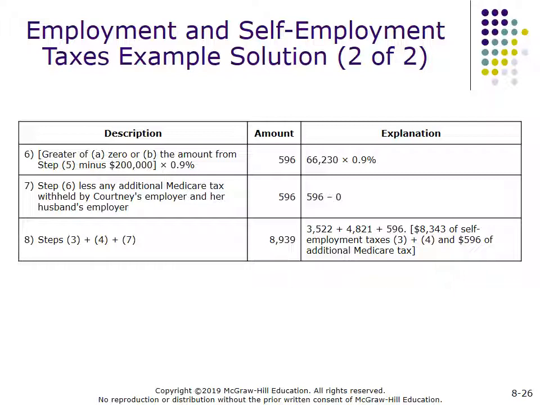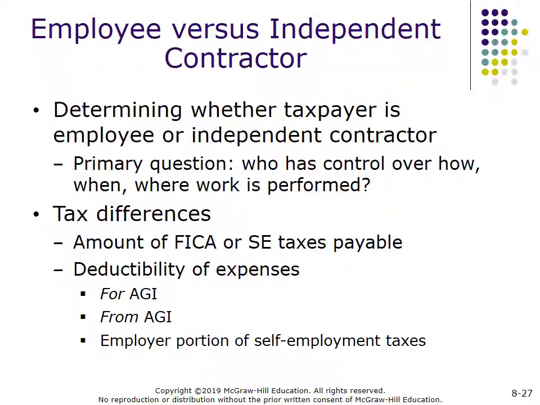So her overall additional tax, $35.22 plus $48.21 plus the $596, $89.39. That's how self-employment tax works with this additional Medicare tax. You could read through this.